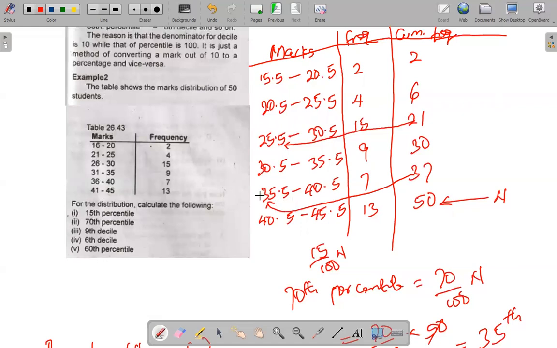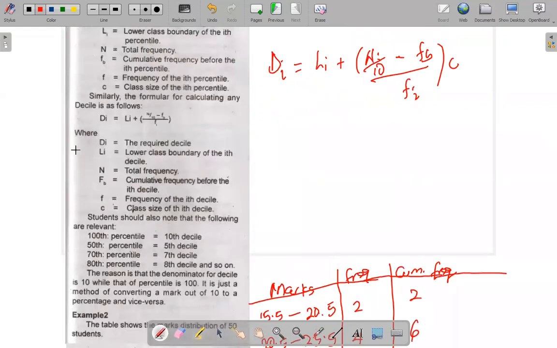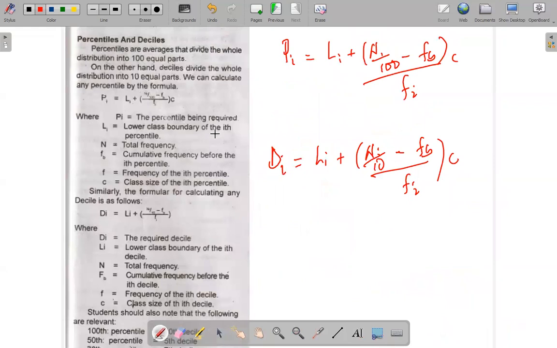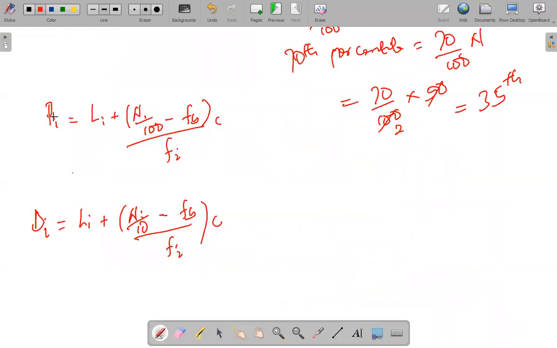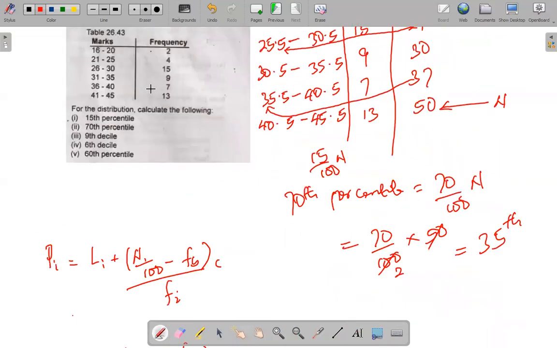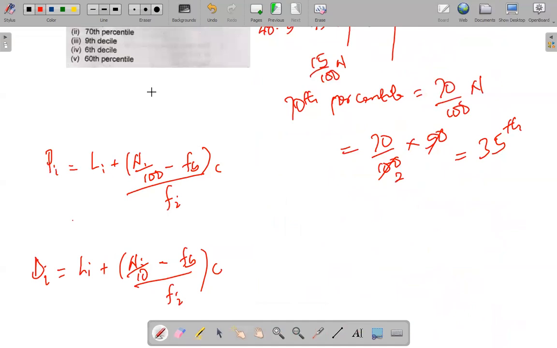This gives us our Li, because Li is the lower class boundary of the ith percentile. So in this case, the lower class boundary of the 70th percentile is 35.5. Li is 35.5.